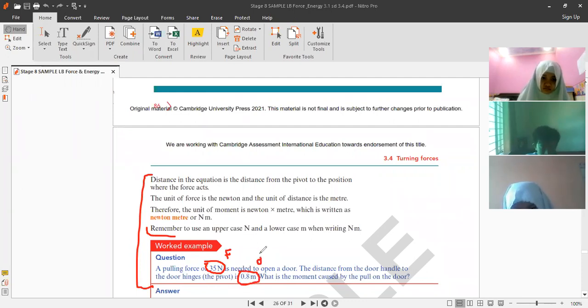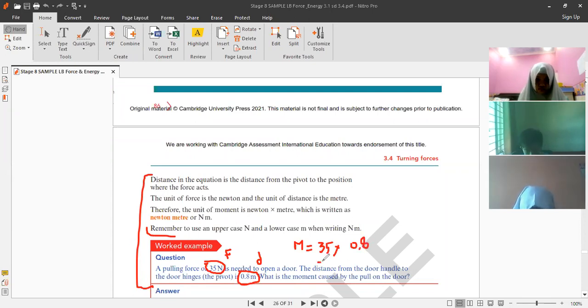Okay. So the moment is force multiplied by distance. So 35 multiplied by 0.8 meters is 28 newton meters.